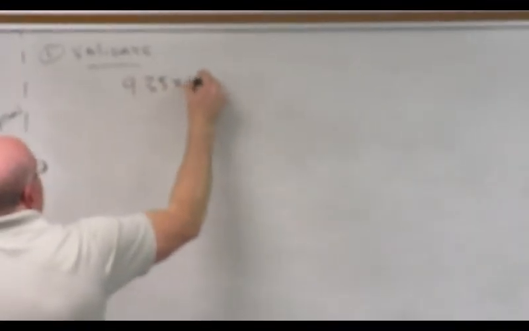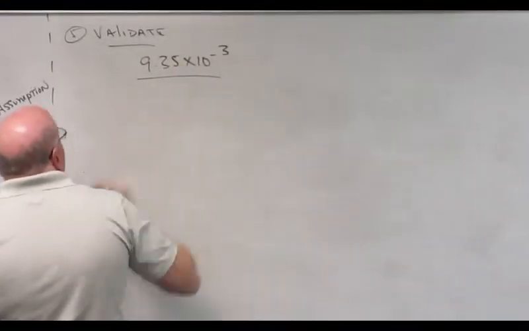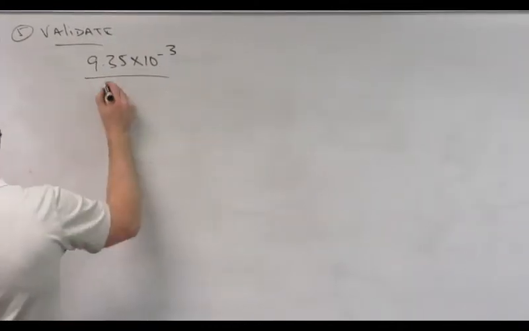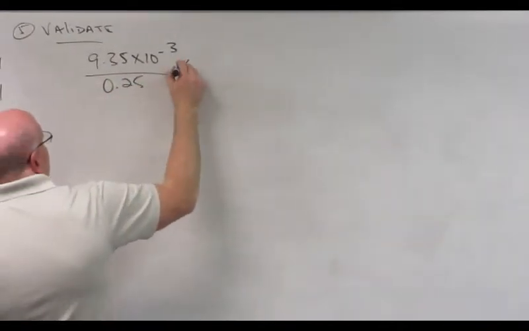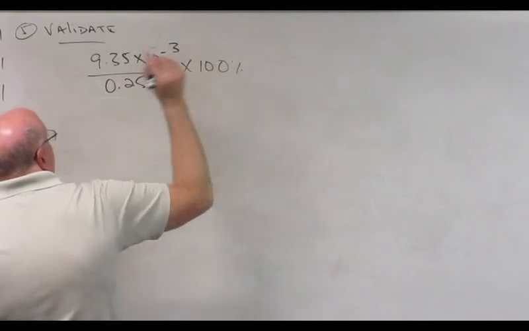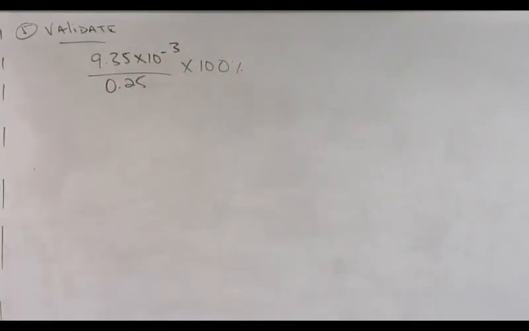If I take 9.35 times 10 to the -3rd, compare it to the 0.25 that we started with, times 100%, that numerically works out to be 3.74%.